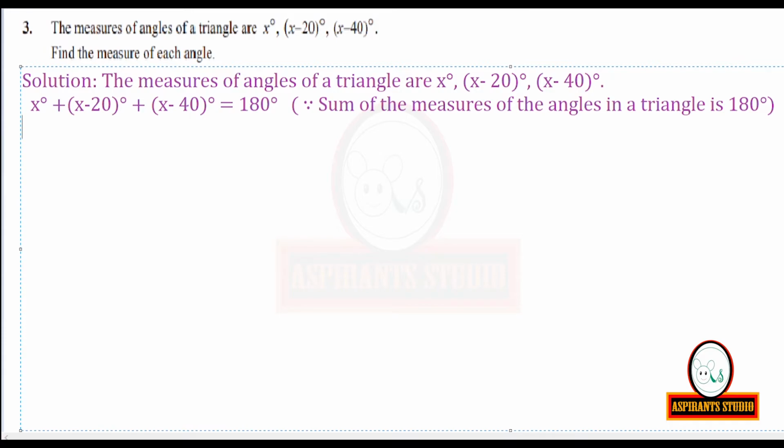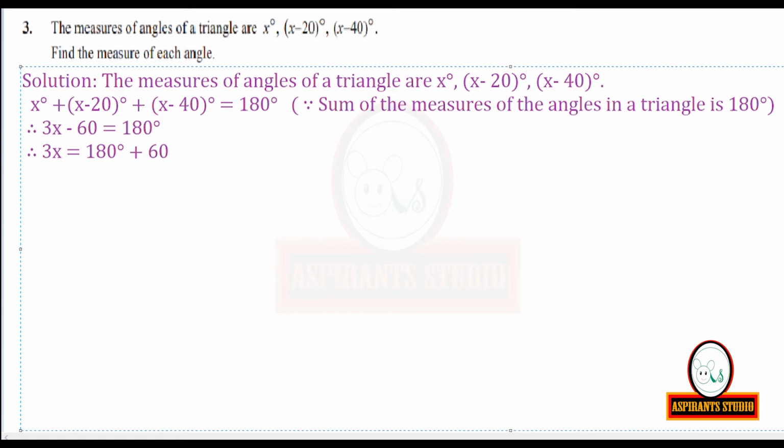Now, removing the brackets, because it is addition, it is so simple. Remove the brackets and just go on adding. Now, x degrees plus x degrees plus x degrees will be 3x degrees minus 60 degrees, because minus 20 minus 40. When two numbers have the same sign, add and put the same sign. So add the numbers 20 and 40 to get 60 and the sign will be minus.